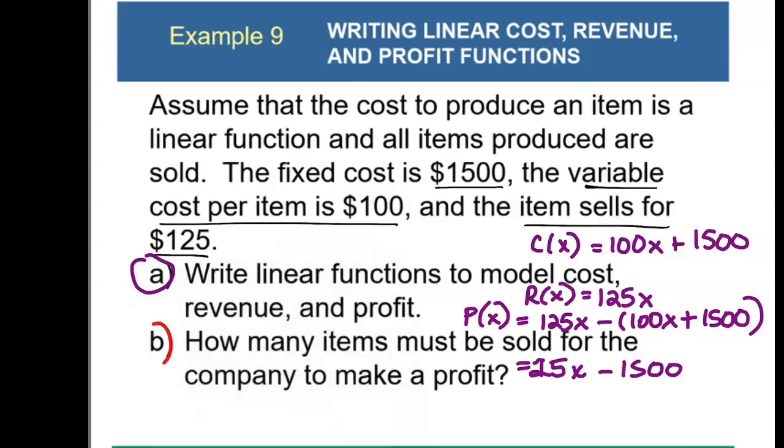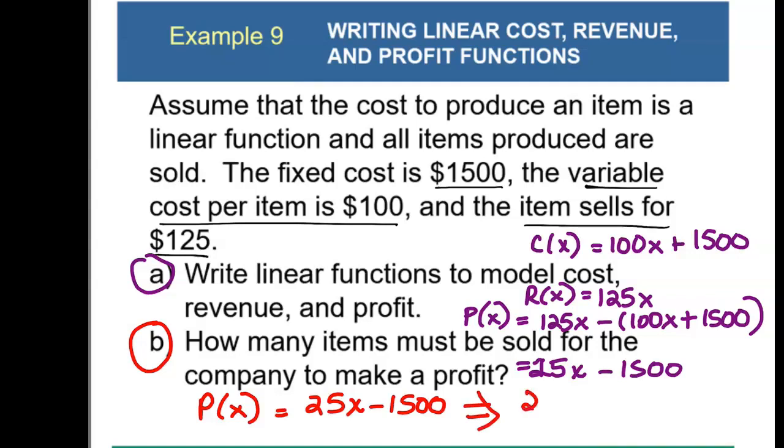Part B, okay, for part B, we want to know how many items we have to sell to make a profit. So our profit function is given by P of X is 25X minus 1,500. So we want this quantity to be non-negative. That means we would have a profit.